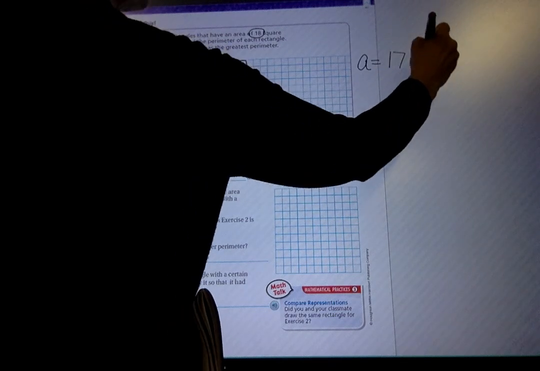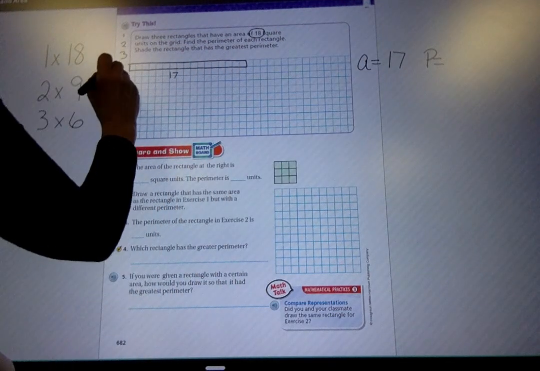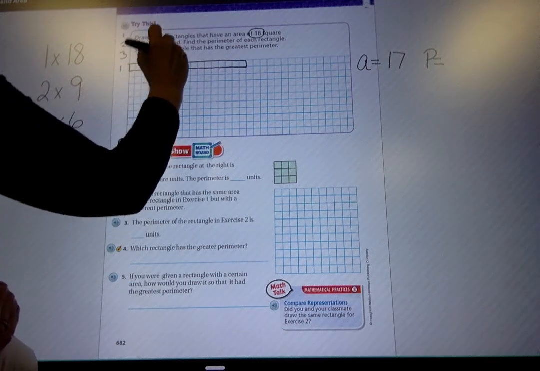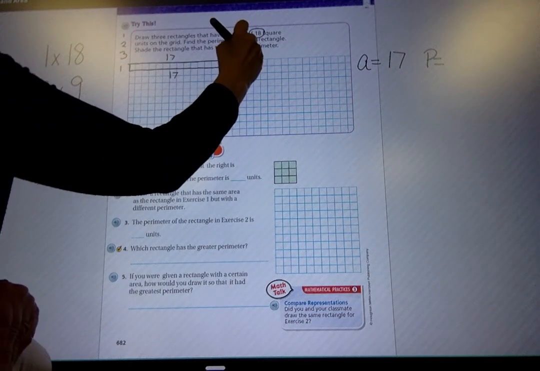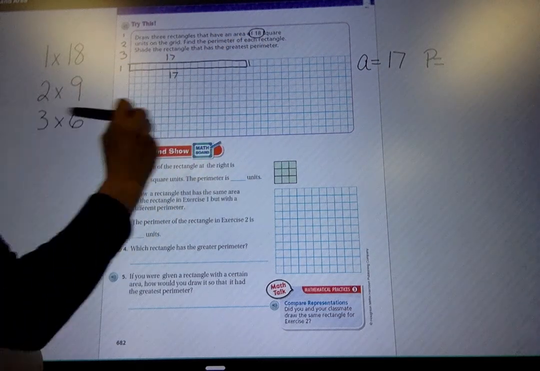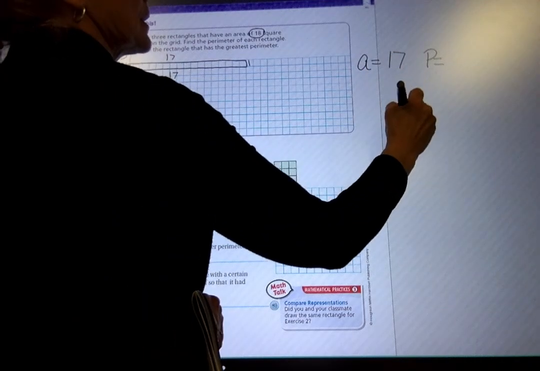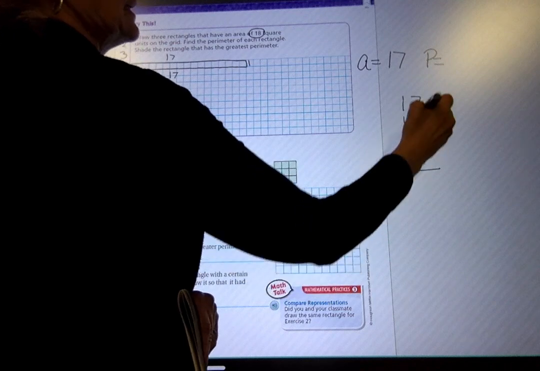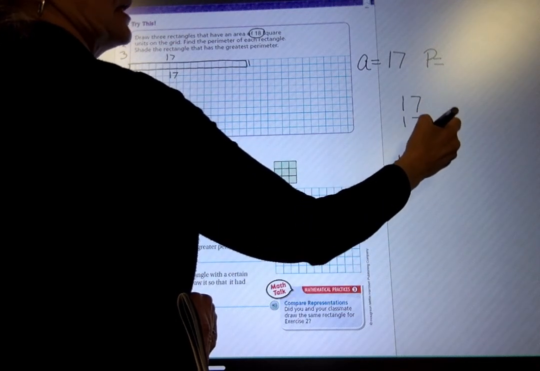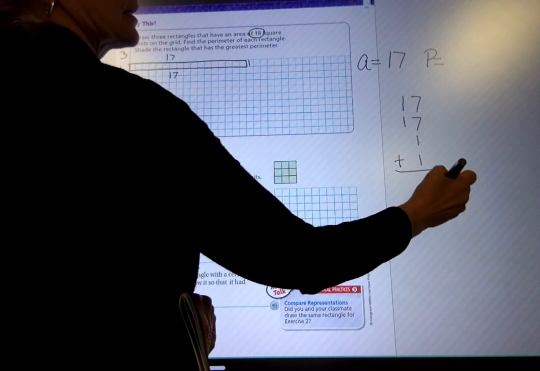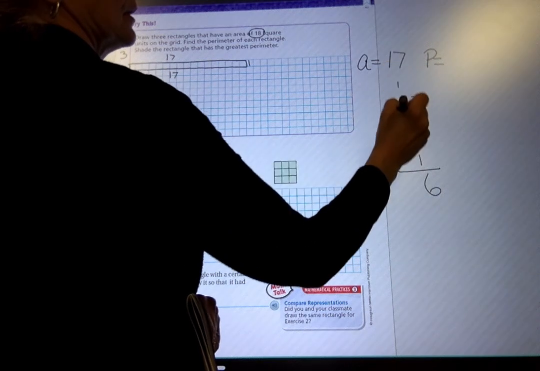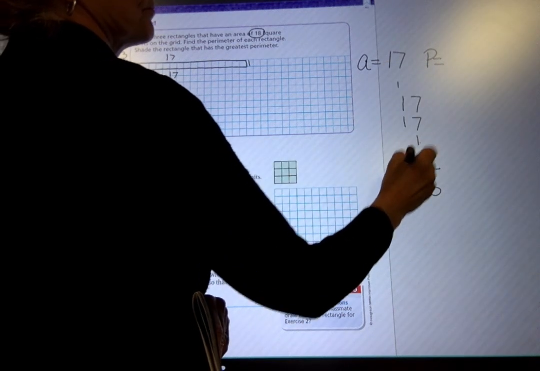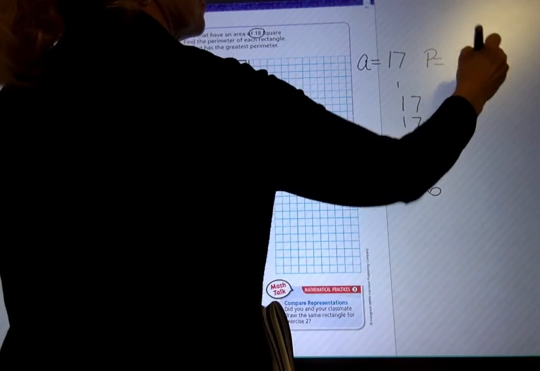Our perimeter, let's see, if this is 17 down here, this is 17 up here, and this is 1. So we have to add 17 plus 17 plus 1 plus 1. 7 plus 7 is 14, 15, 16, carry a 1, 36. Perimeter is 36.